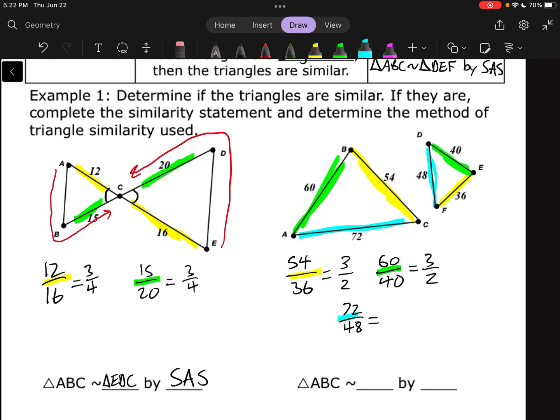So with the blue sides, I get 3 over 2 as well. So I got the same thing for everything, so that does verify that they're similar by side, side, side. And congruency statement-wise, A, B, C, that is green, yellow. So I need to do green, yellow. So that would be D, E, F.